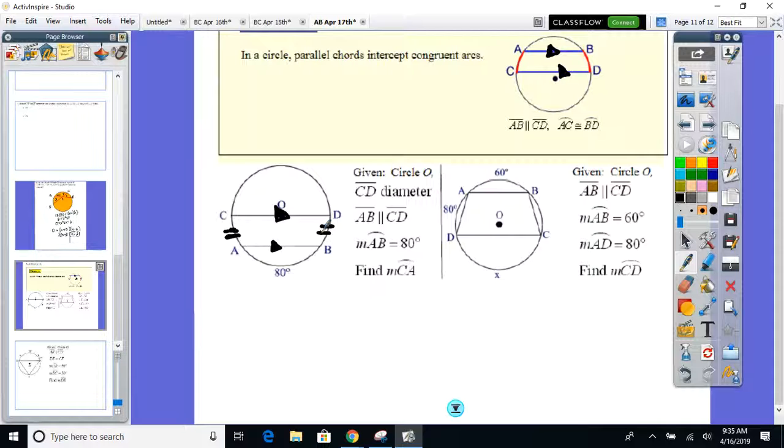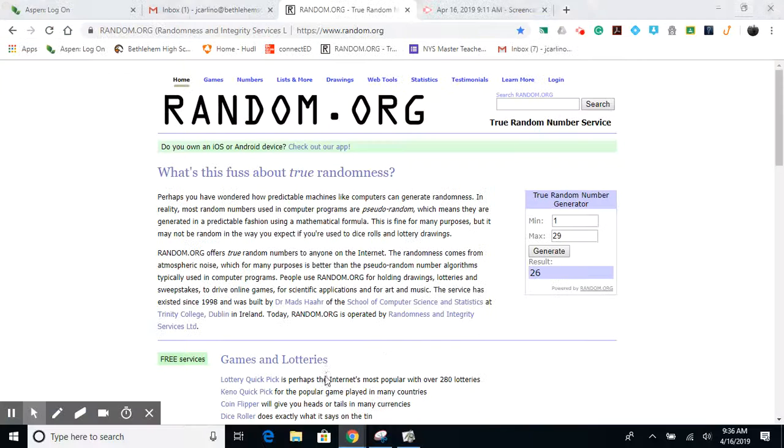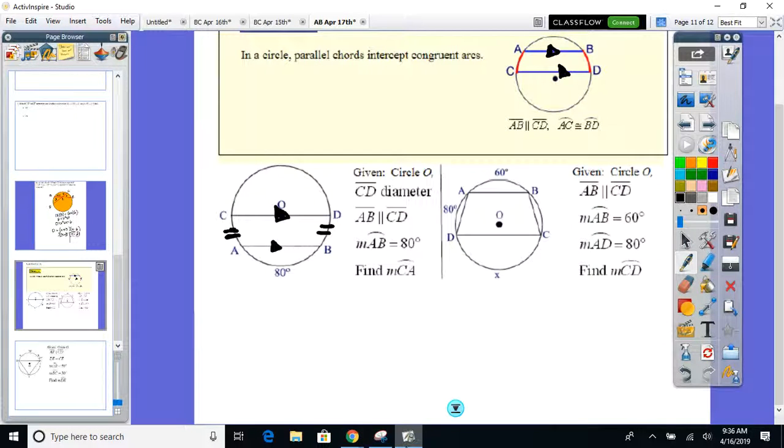All right, how are you going to find arc CA? Now, this is just circles. How can I find arc CA? I gave you AB was 80. Where are you going from there? Good.